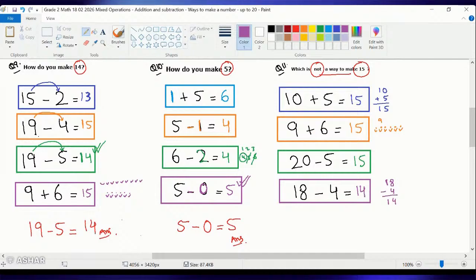So this is not the answer. 18 minus 4, which is equal to 14, is not equal to 15, right? We have to find a way in which it is not equal to 15, right? Perfect.